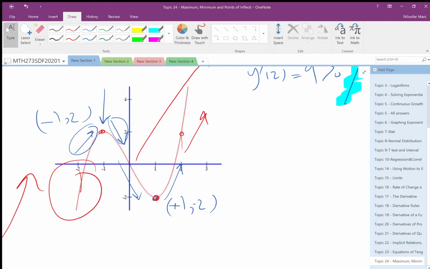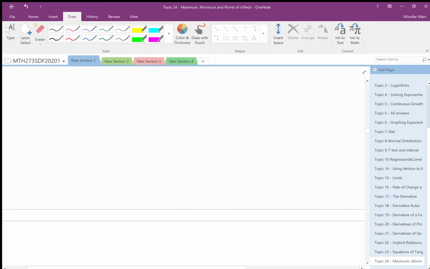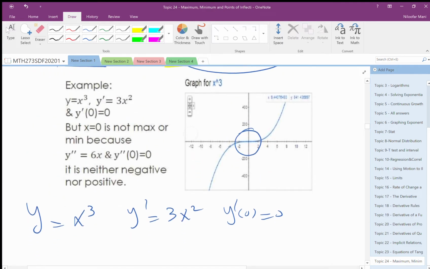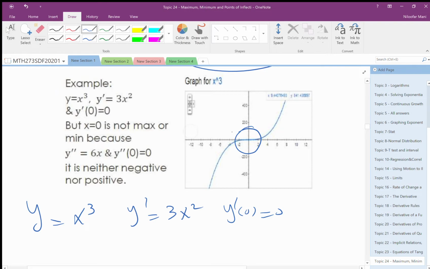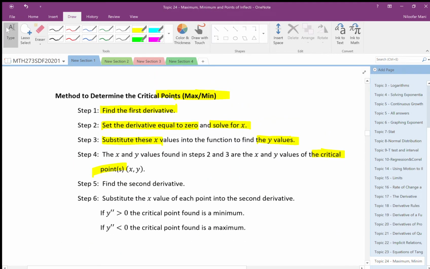So in order to say maximum or minimum, look at this. Here I don't, because it's positive, increasing, and positive, increasing. So it's not changing from minus to plus. So I have to find the first derivative, put it equal to 0, find the points, and find the y values.